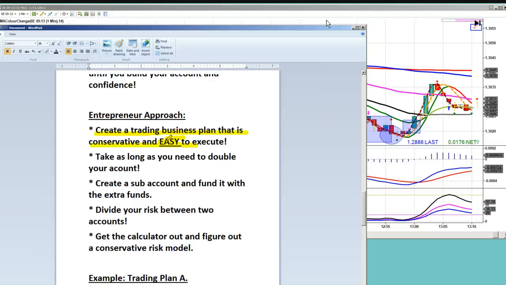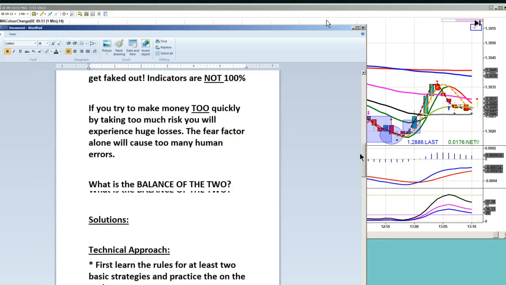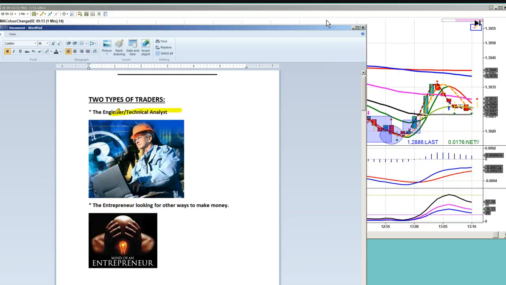If you're working too hard, then something's wrong. What's happening to you is you're either doing too much risk, too many trades, or you're focused too much on technical analysis. You're unbalanced. And so let me explain how we can solve that problem.